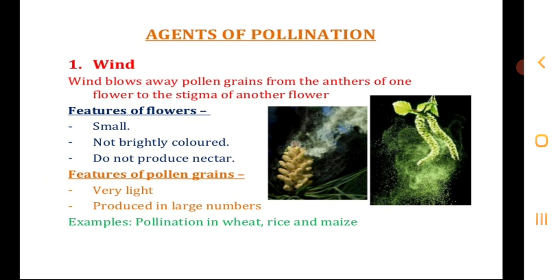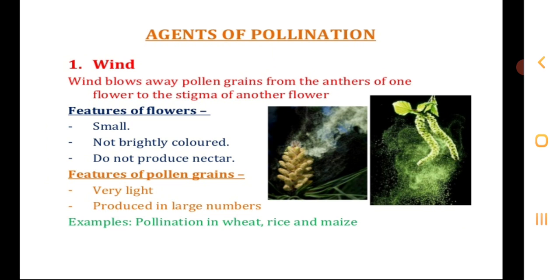Agents of pollination: what are the agents which help in pollination? The first is wind. Wind blows pollen grains from the anther of one flower to the stigma of another flower. Features of these flowers are that they are small, not bright in color, and do not produce nectar. Features of pollen grains are that, as they are blown by the wind, they are very light in weight and produced in large numbers.